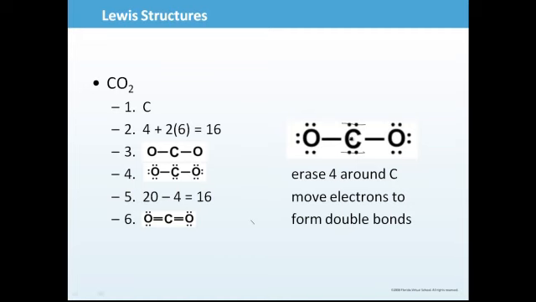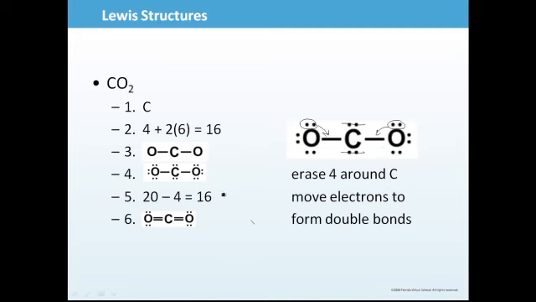Now we have the 16 that we're supposed to work with. What can we do then to help the carbon out? Each oxygen donates a pair of its electrons to the bond. Each of those donates a pair. Now the carbon has its 8 electrons because they're all involved in the bonding.